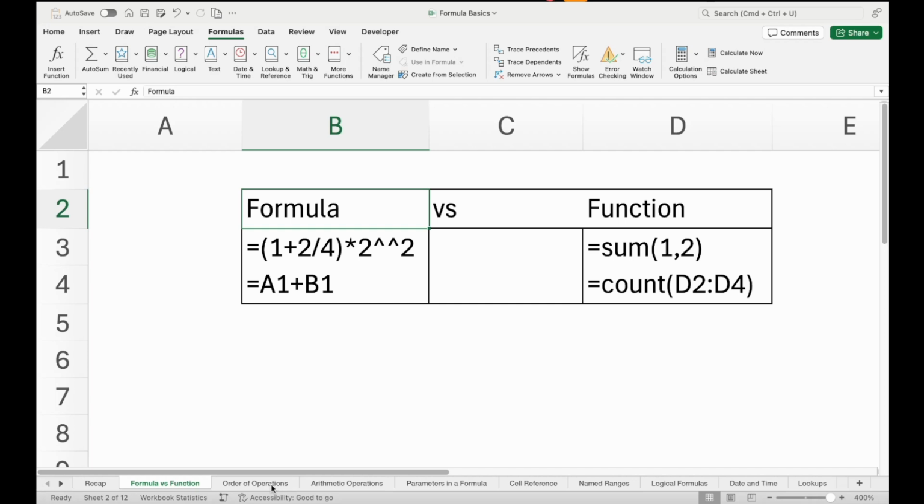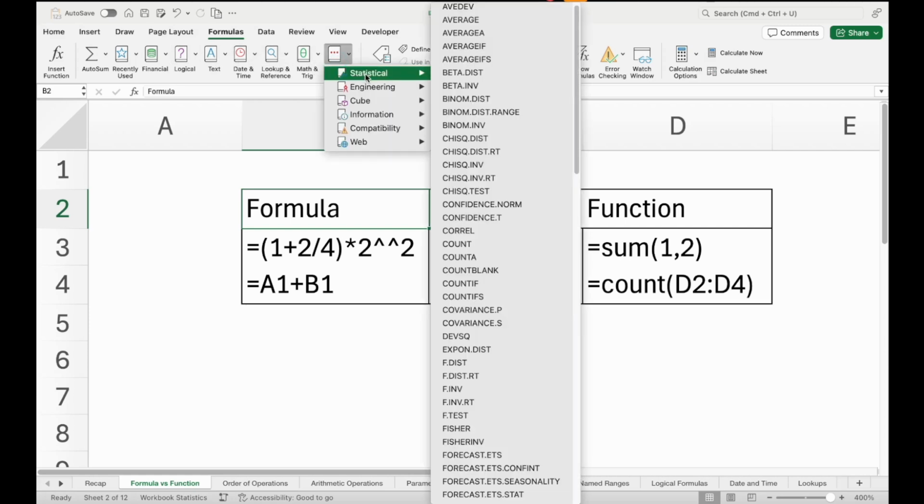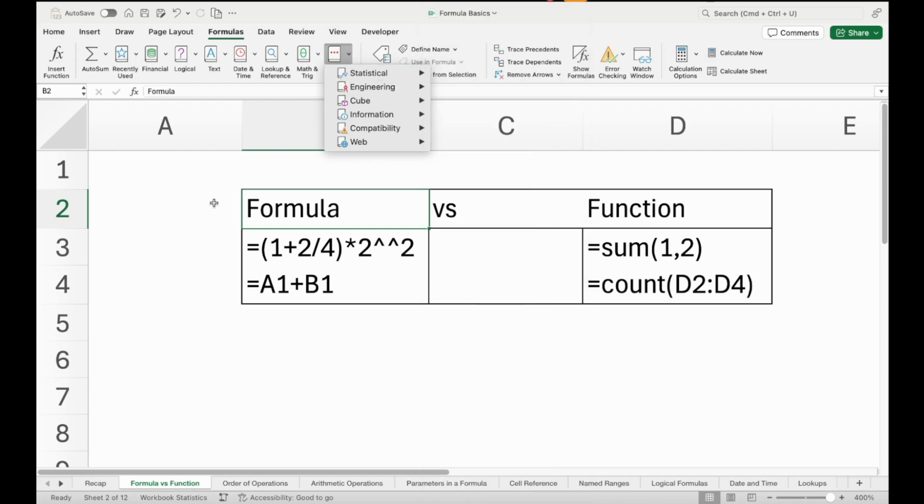And I will segment these functions into different categories so that you understand there are different types of formulas, right? If you look at the top, we have financial, logical, text, date and time, lookup, maths, and more functions from other key areas in the world of study, right?